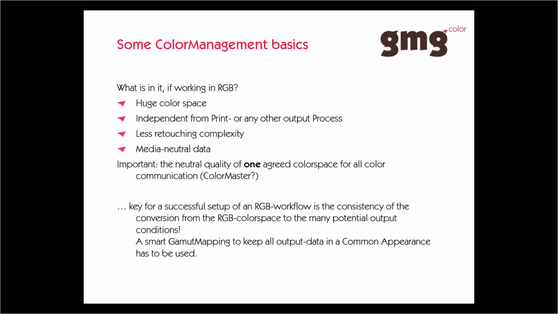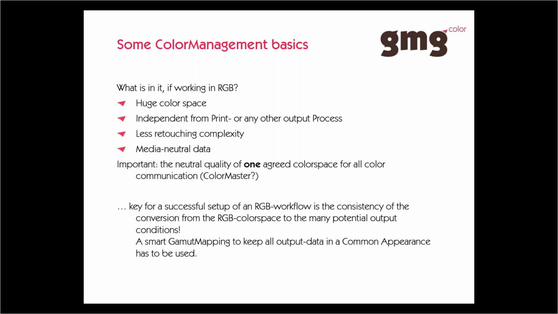So using this Color Master as a reference for color communication would still mean to keep the images in RGB. So Color Master really just serves as a preview, as a better replacement actually of our good old photo slide. So Color Master could be our reference for our preview. So it is at the very, very end of the process.